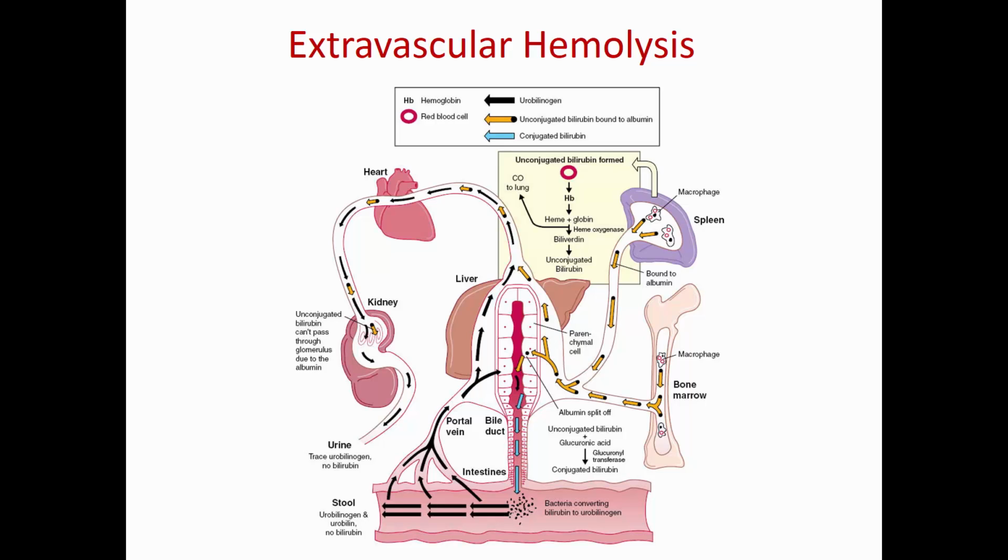Outside, it's going to become oxidized, and it's going to bind to transferrin. The transferrin is going to pick it up and take it where it's supposed to go, such as to the bone marrow. That's where the iron is going to be given to the cells, because the cells have transferrin receptors, and when transferrin sits on the receptor, the iron is going to be taken in and used to make more hemoglobin for new red blood cells.